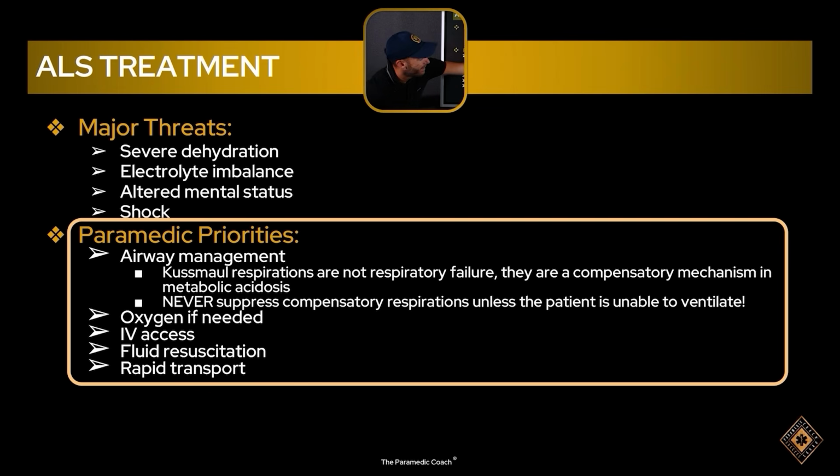The respirations are a compensatory mechanism in the metabolic acidosis. We never want to suppress the compensatory respirations, underline this one, unless the patient is unable to ventilate. Now, oxygen if needed, IV access, fluid resuscitation, and a rapid transport, and there it is.